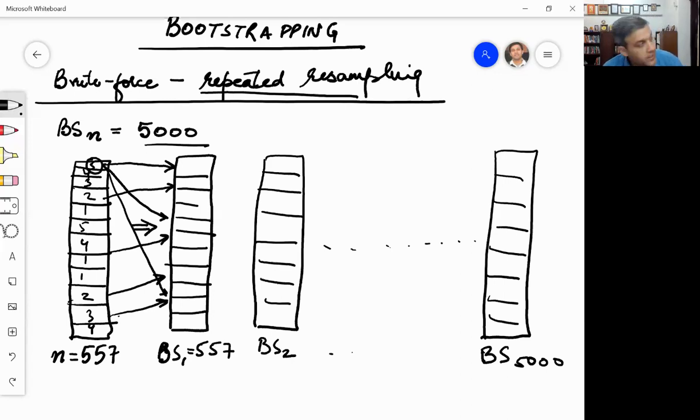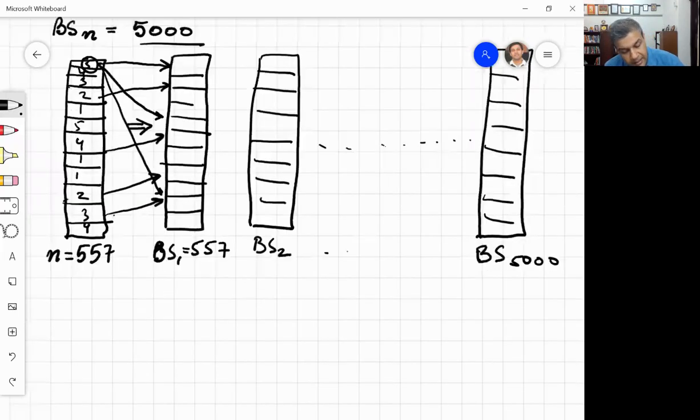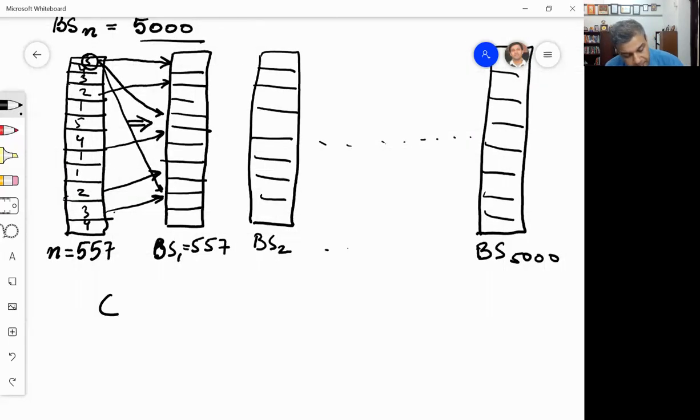So from the original sample, it will create these 5,000 samples. Then what it does, it fits the model that you have created on each one of these samples.